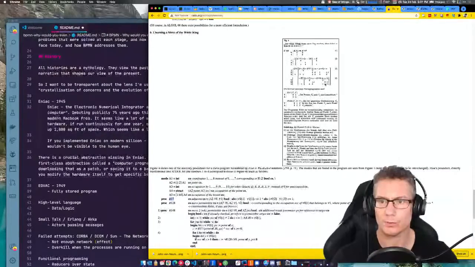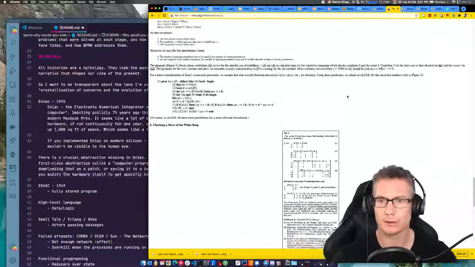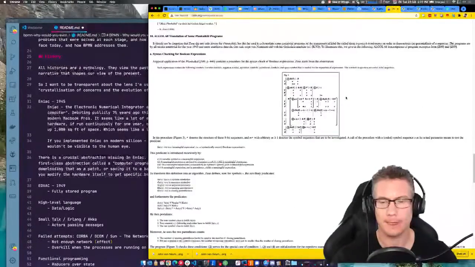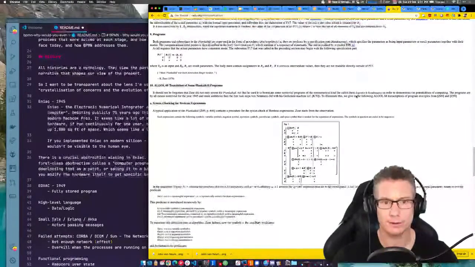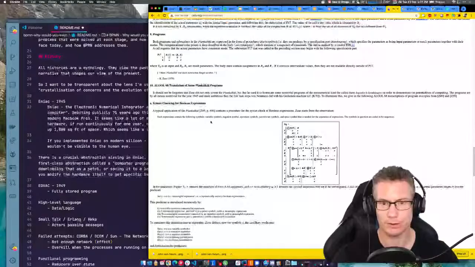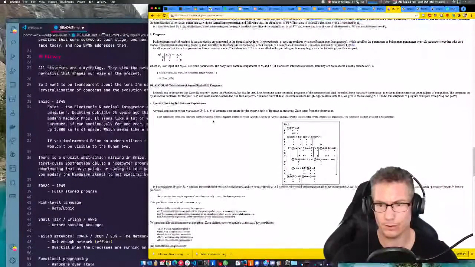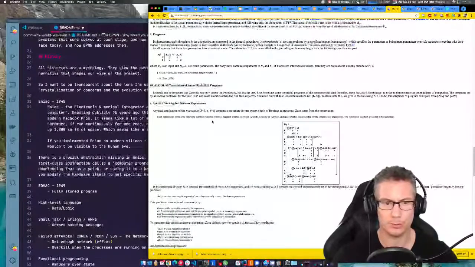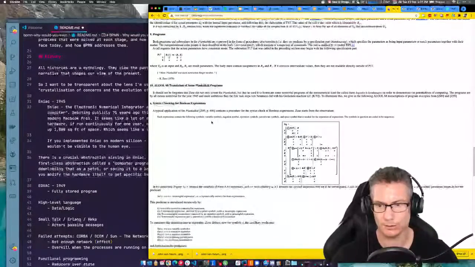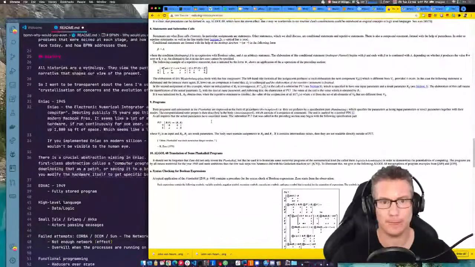Okay, this is what his programs look like. Syntax checking of Boolean expressions. Coded in bit sequences. Procedures.